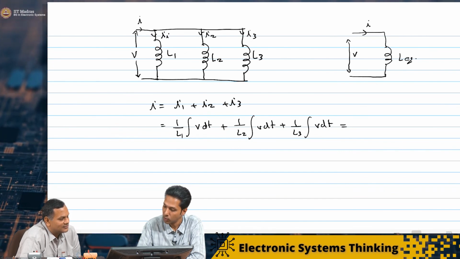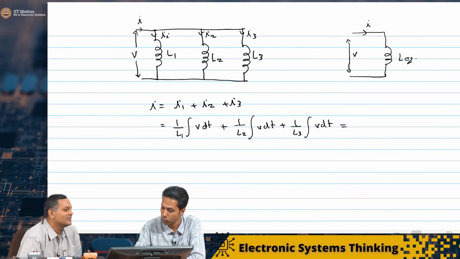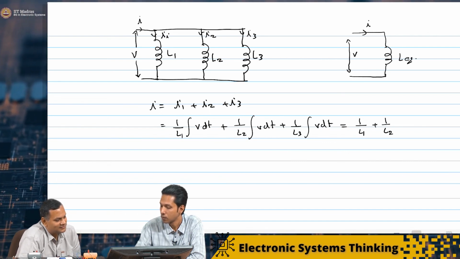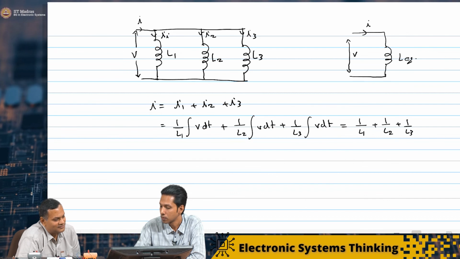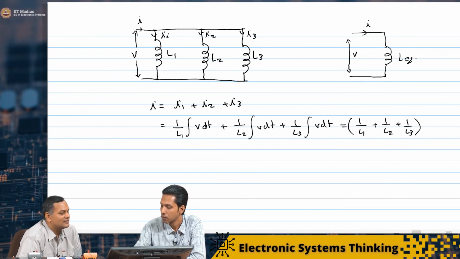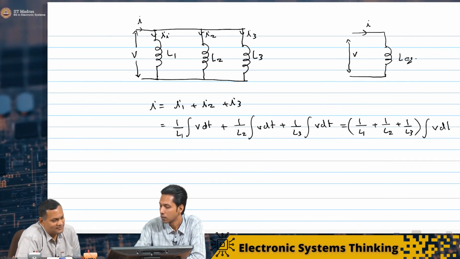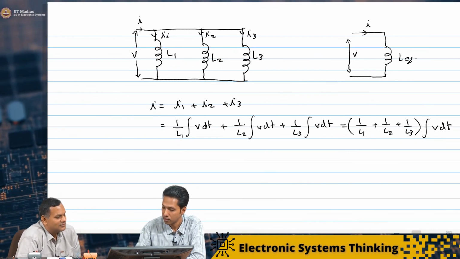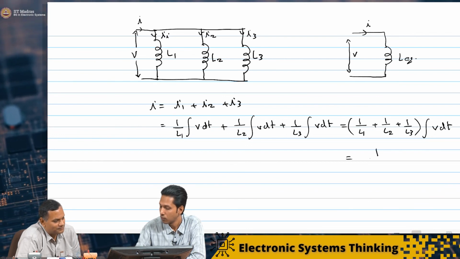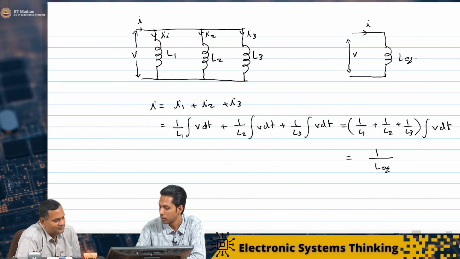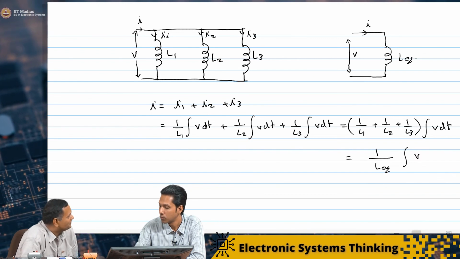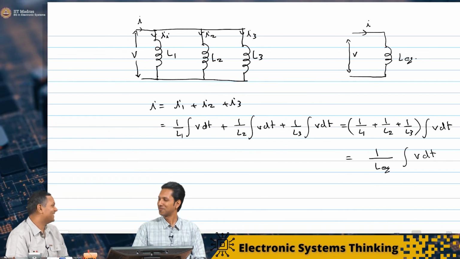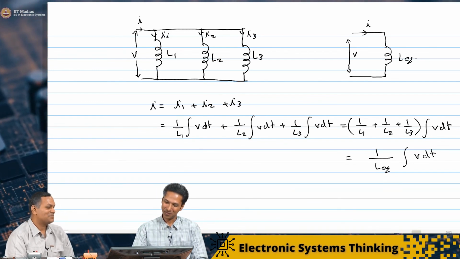I can take this integral V dt out, so this is 1 by L equivalent times the integral. So you are right, it does look like resistors in parallel. Perfect.